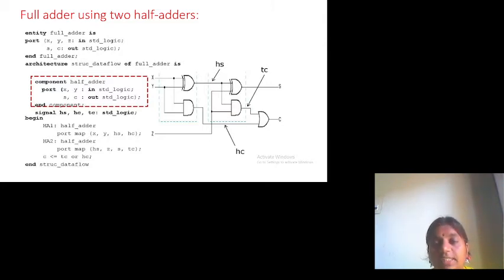Any intermediate signals will be represented as signals. The signal declarations and component declarations have to be given within the architecture before the begin statement. So following these rules, we will write the code for the full adder using two half adders.